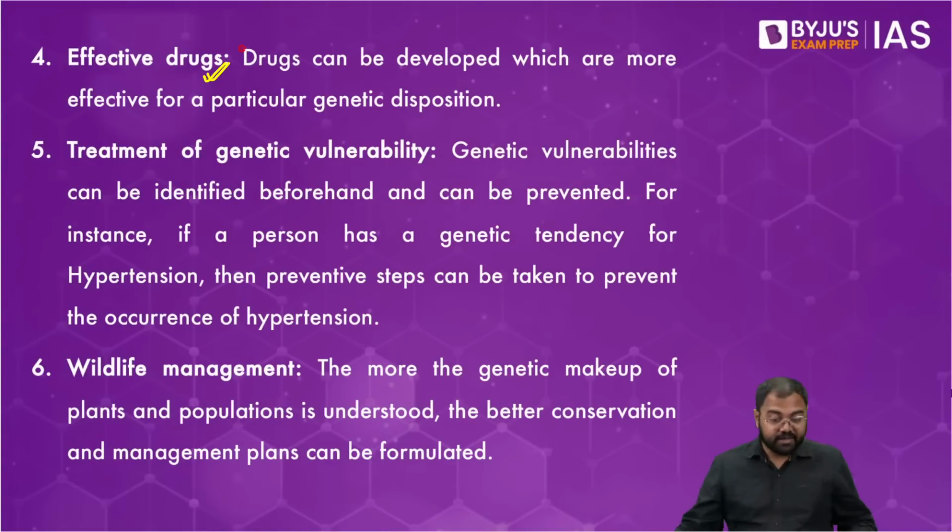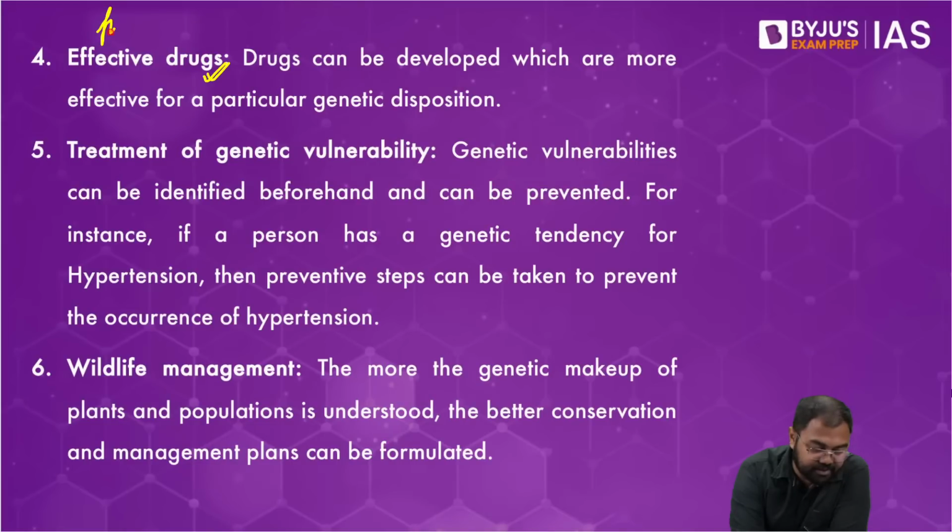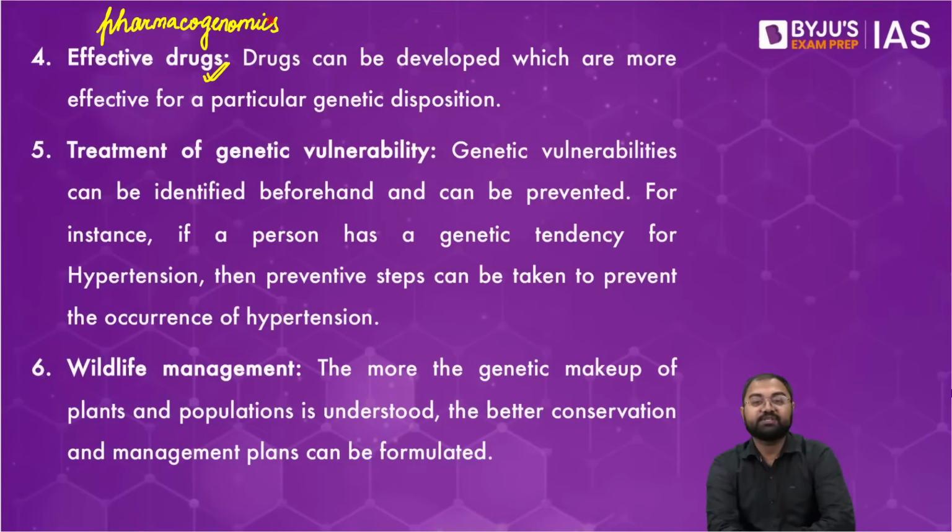Now, how to make effective drugs with the help of DNA fingerprinting? If you remember, we discussed something called pharmacogenomics yesterday. Pharmacogenomics is when we try to make medicines according to the understanding of the genetic makeup of a person, something that will have a good positive impact on that genetic makeup.